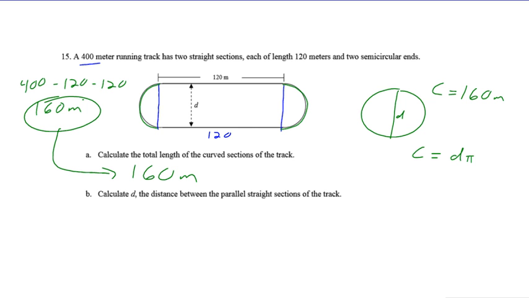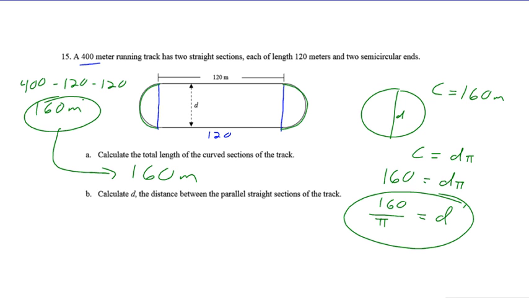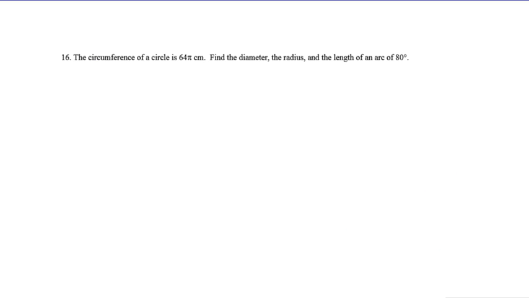So without rounding, the circumference of the circle is 64 pi. The diameter is 64 because circumference equals the diameter times pi.